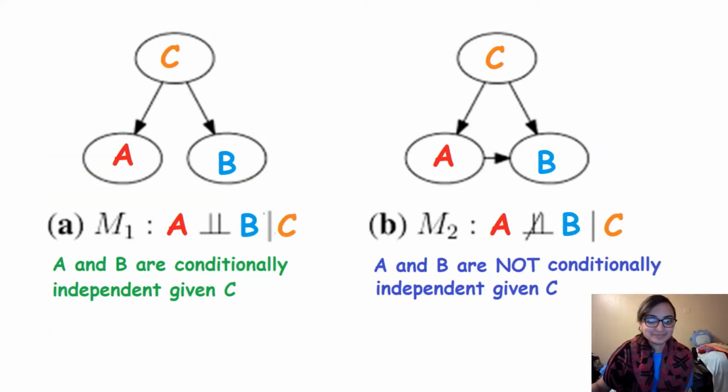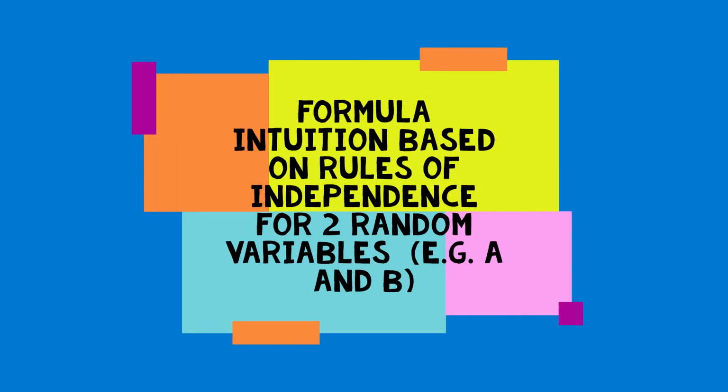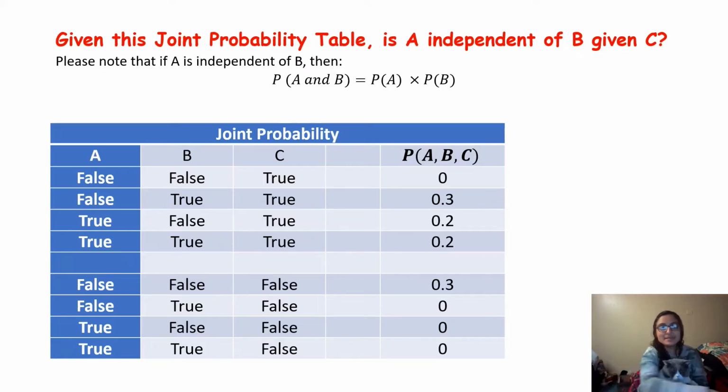Because if A and B are independent, then the probability of A and B is just the probability of A multiplied by the probability of B. So now all we're saying is, is A independent of B given the value of C?